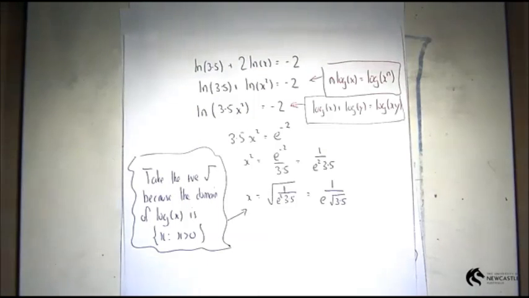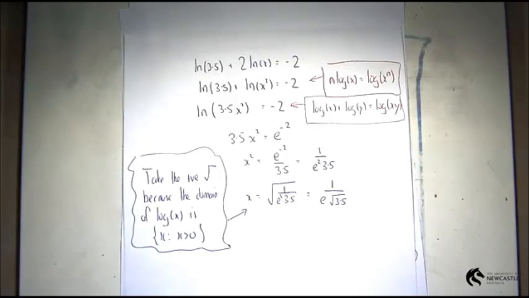So I have log, and you can use any base, but I'll use base 10 because that's what my calculator has. Log base 10 of 3 to the 5x minus 1 is equal to log to the base 10 of 2. Using that log law, I can write this as (5x minus 1) log base 10 of 3 is equal to log base 10 of 2.